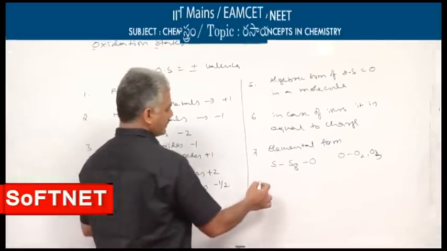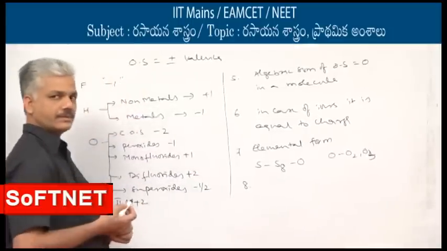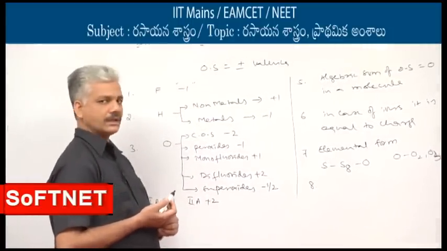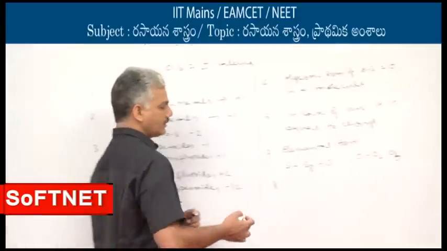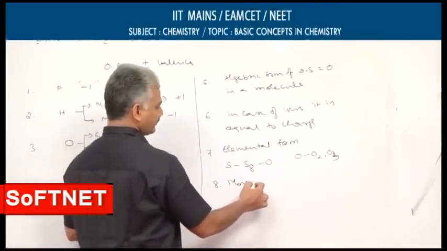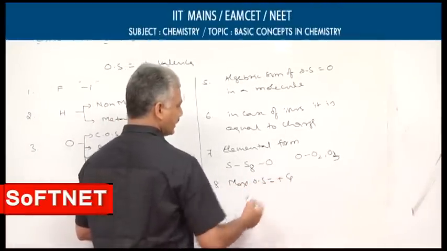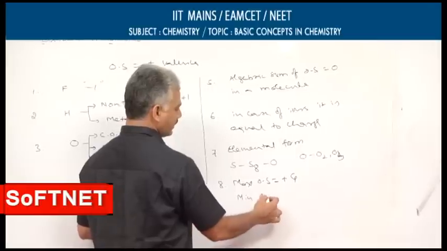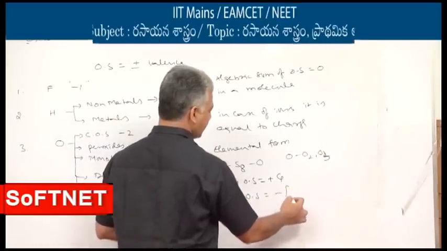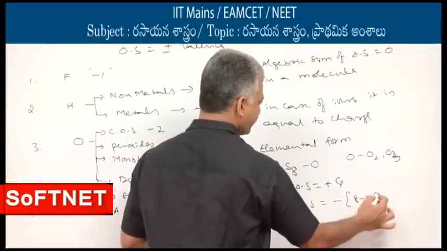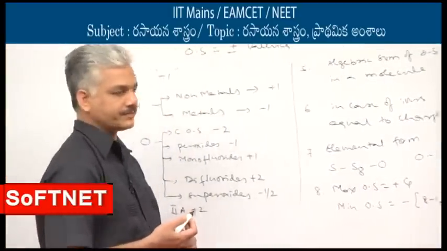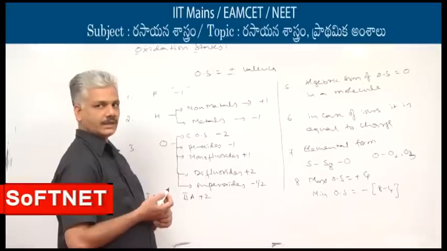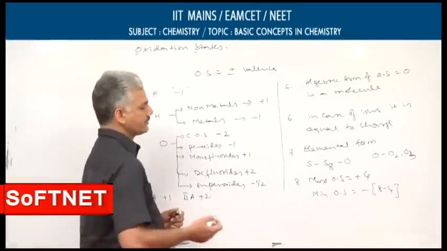And the most important rule that has to be kept in mind is the maximum oxidation state possible for any element will be equal to its group number, G, and the minimum oxidation state possible for any element is minus of 8 minus G. The maximum oxidation state possible for any element is of course +8.